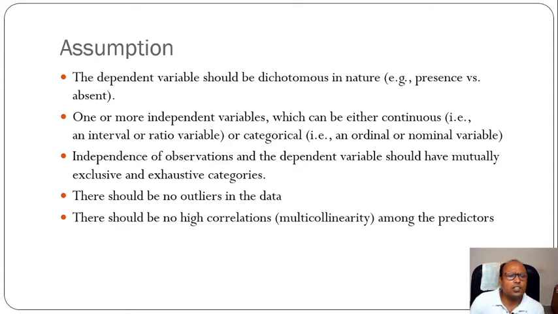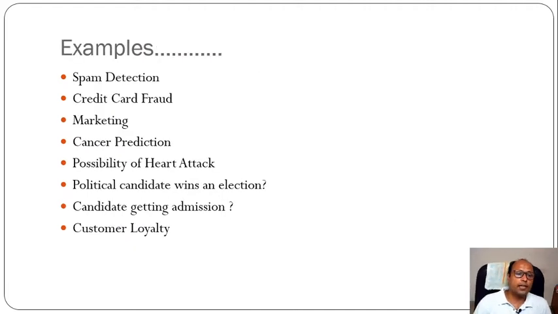Now logistic regression analysis is based on certain assumptions, so you need to keep these in mind. Number one, the dependent variable should be dichotomous. Dichotomous in nature means either presence or absence. If you go back to the example, the particular mail coming to you may be spam or non-spam.